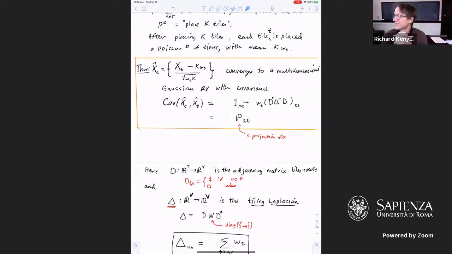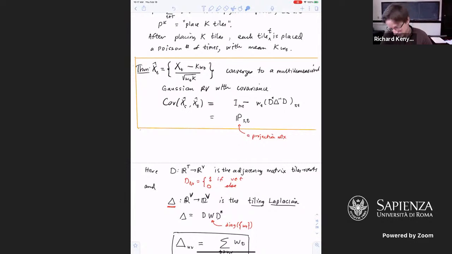It's closely related to the standard graph Laplacian if the tiles are just dimers. But if the tiles are more general sets, then it's some variant of the graph Laplacian. It is a kind of graph Laplacian for some more complicated graph associated to the underlying graph. But it is a positive, at least positive semi-definite, symmetric matrix associated to the graph.